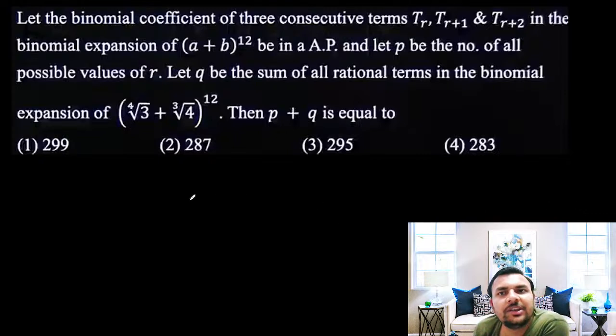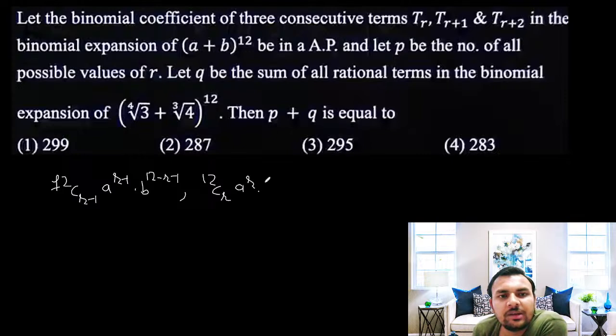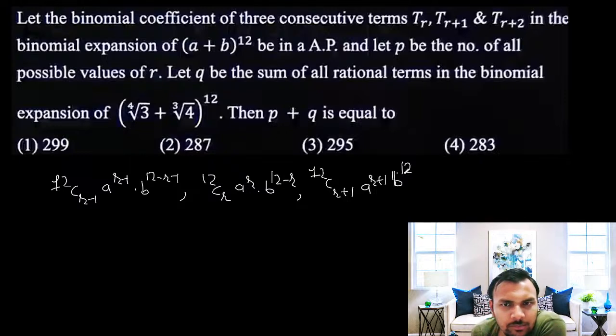If in a binomial coefficient, three consecutive terms t(r), t(r+1), t(r+2) in the expansion of this are in AP: 12C(r-1) a^(r-1) b^(12-r+1), 12Cr a^r b^(12-r), 12C(r+1) a^(r+1) b^(12-r-1).